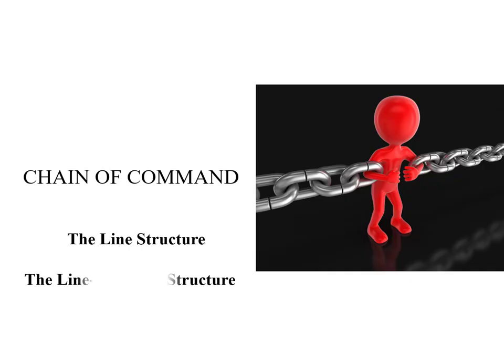The next structure is the line and staff structure. This utilizes the chain of command from the line structure, but it also provides line managers with specialists called staff managers. Staff managers provide support, advice, and expertise to these line managers, but they're not part of the chain of command because they don't have any authority over their assistants.